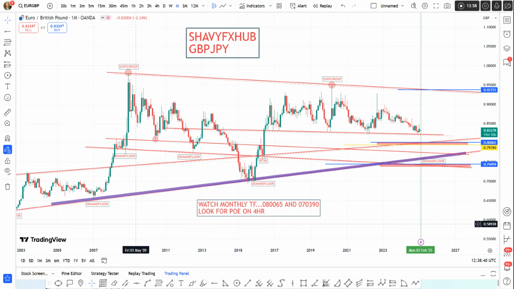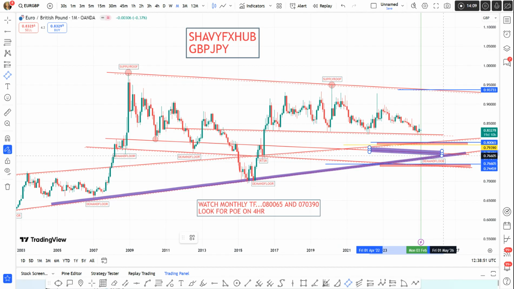So this is what you have in a monthly. So on technical, these are key areas that we must watch on monthly time frame as price continues to grow. There are potential reactions on these zones.